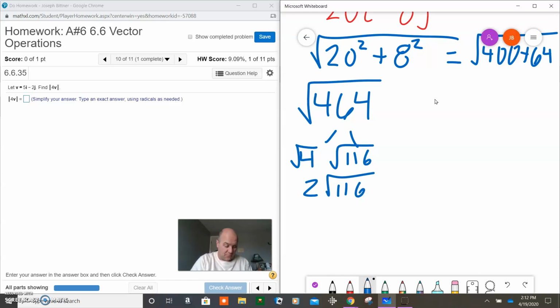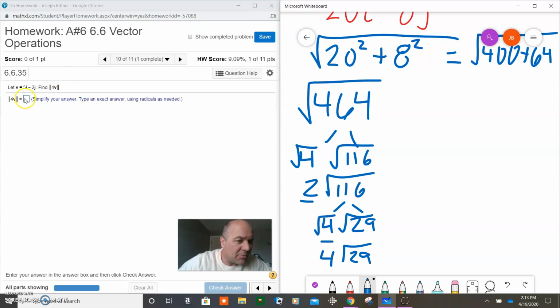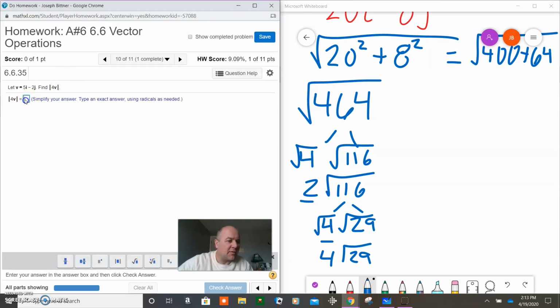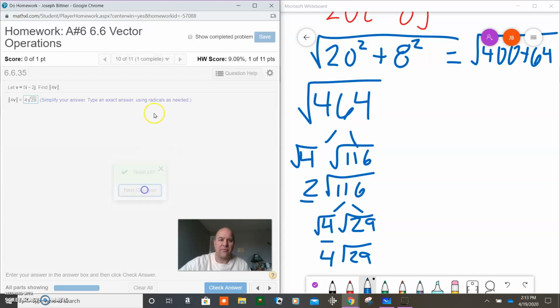The problem is 116 will break down. I should have picked a larger number. That's 4 and 29. Square root of 4 is 2, but I'm going to take that 2 times that 2 and get 4 square root of 29. Let me type that in. So 4 square root of 29. Check answer. And then there's your final solution.